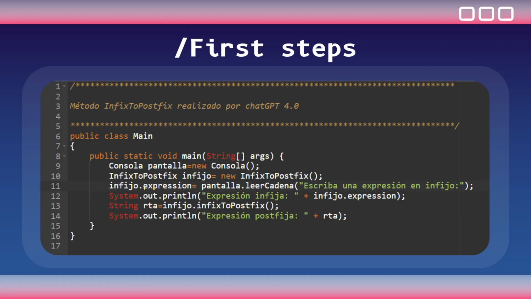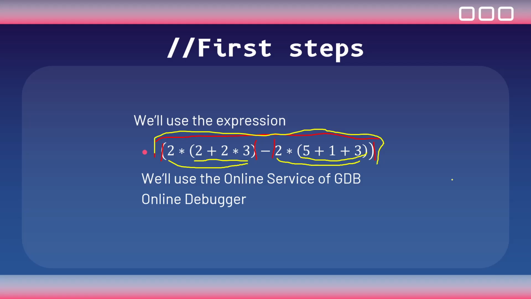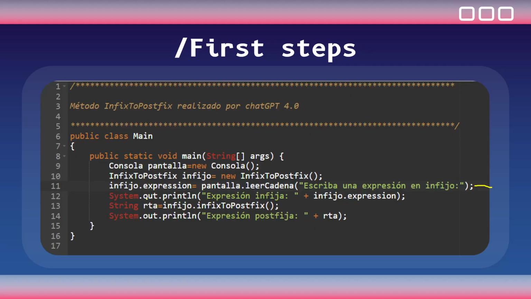First, we say infijo expression will be equal to the entry by the user. The user will enter an expression. In our case it is this expression, and infijo expression will be equal to that.